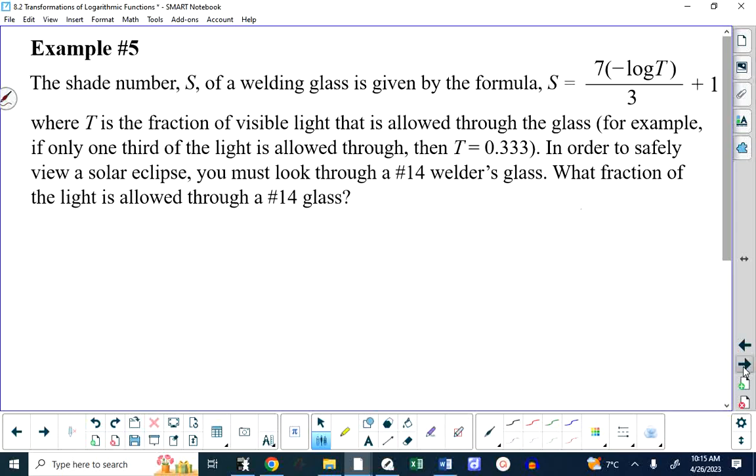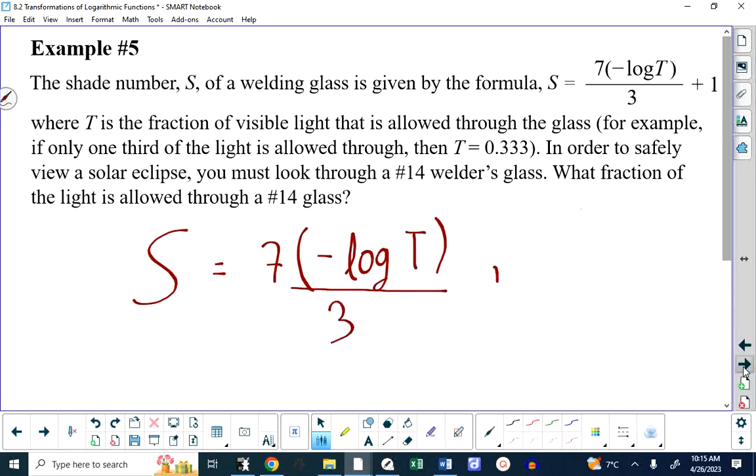We're going to do a couple of quick examples. I told you at the beginning that we would do applications of logarithmic functions. I'm going to write out this equation: S equals 7 times the negative of the logarithm of t divided by 3, plus 1. I have no idea why often in welding manuals and textbooks they have it written this way.